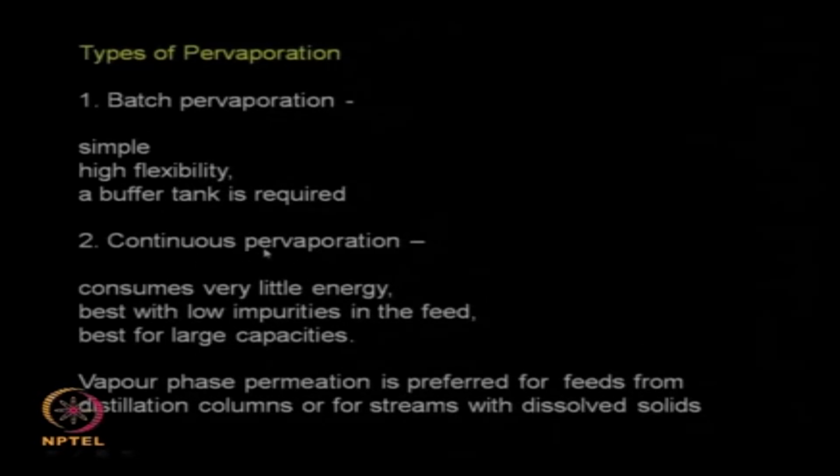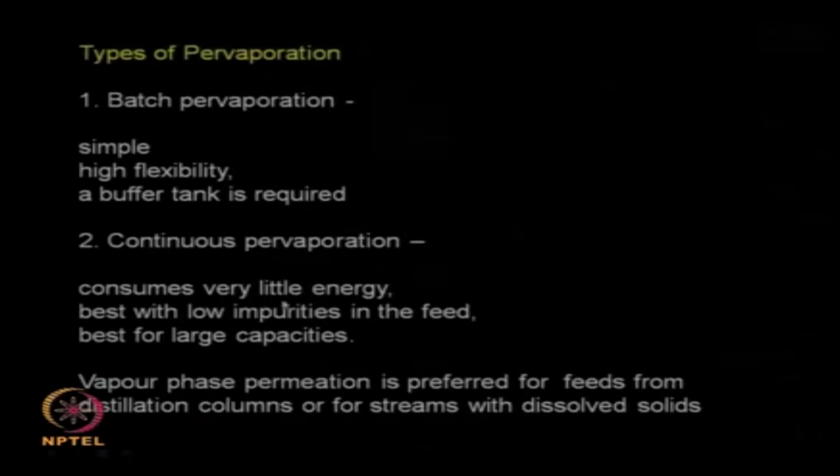In a continuous process you will be using less energy. Why? In a batch process I will be heating, I will complete the pervaporation, I will stop the entire pervaporation, and I will charge another lot of material. So you are heating and cooling, and the energy consumption is much higher, whereas in a continuous process you are continuously passing in the hot stream, so you do not have to heat and cool.